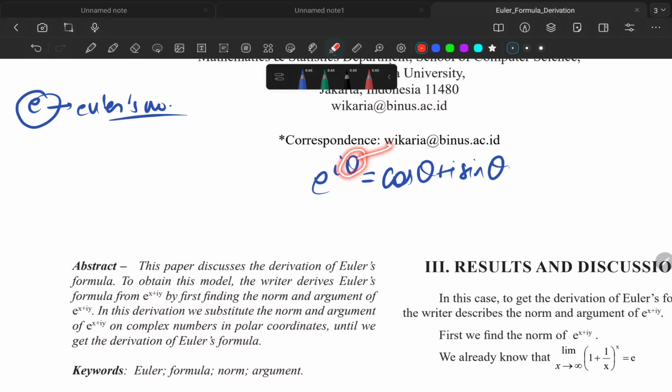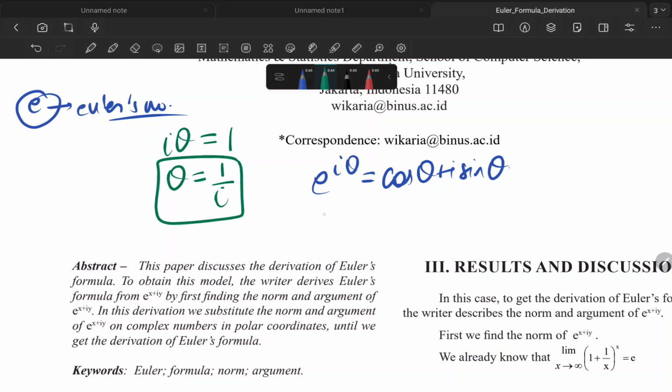So how can we replace theta so that this argument becomes 1? Well, i theta equals 1, then theta is 1 over i, right? So just put theta as 1 over i into the equation and get something.